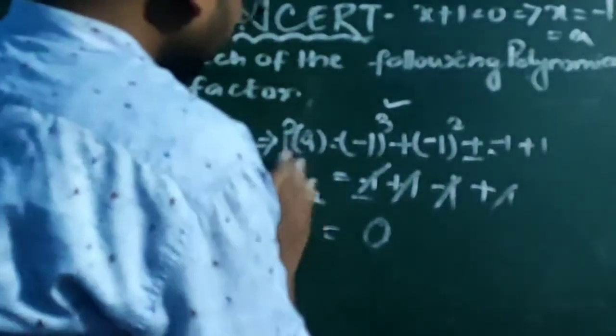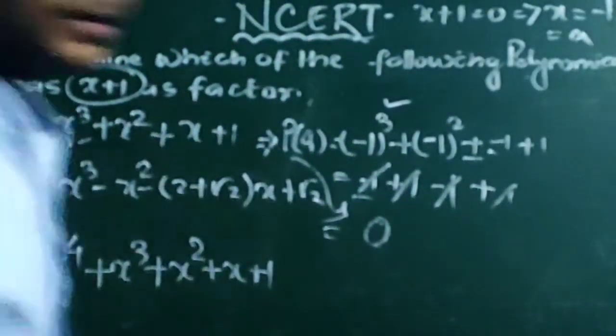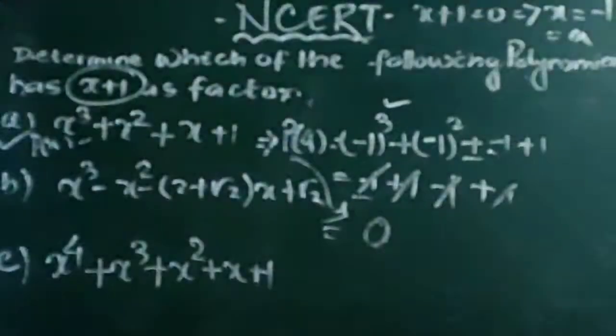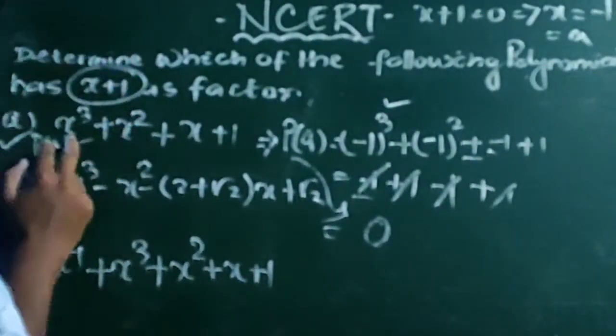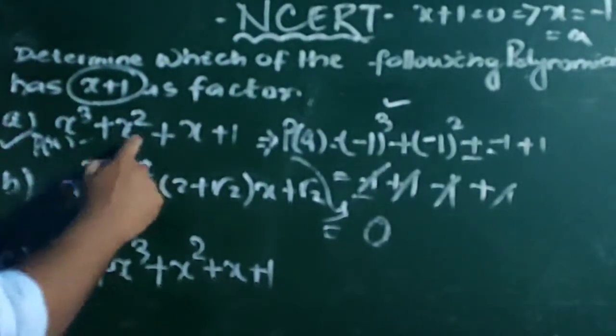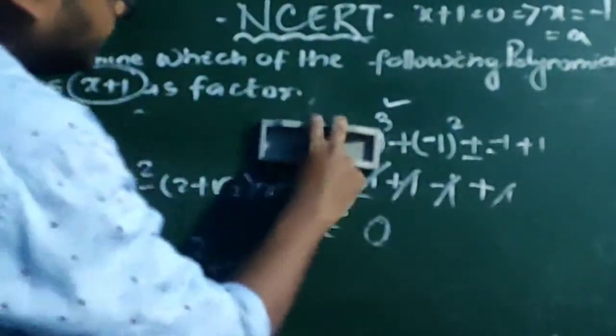So this p(a) is equal to 0 here. So we can say x plus 1 is a factor of the polynomial x cube plus x square plus x plus 1.